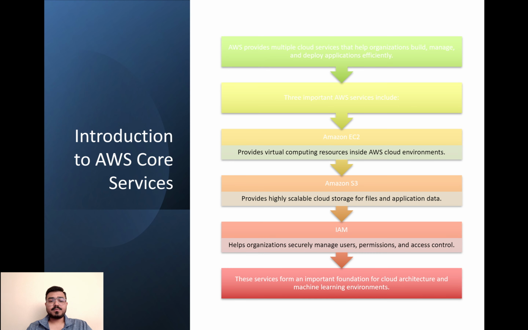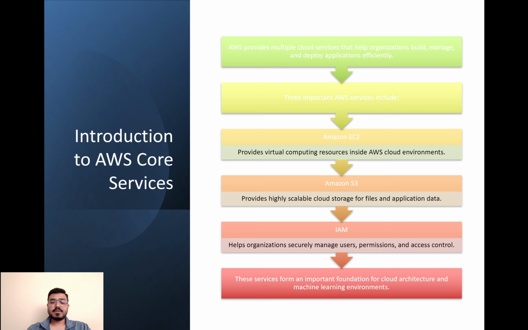So AWS provides multiple cloud services that help organizations build, manage, and deploy applications efficiently. AWS offers hundreds of services, but today we will focus on three important services. The first service is Amazon EC2. Amazon EC2 provides virtual computing resources inside AWS cloud environments.